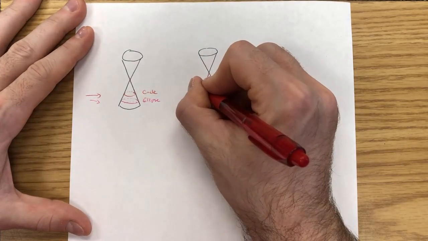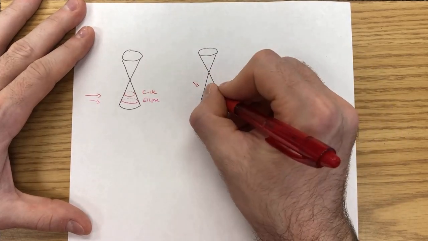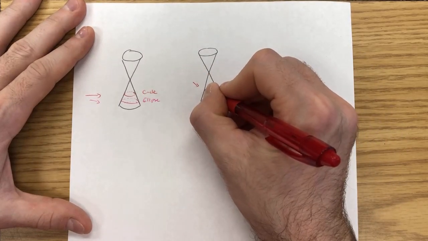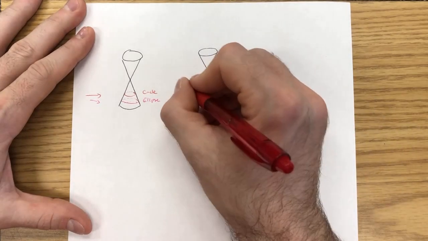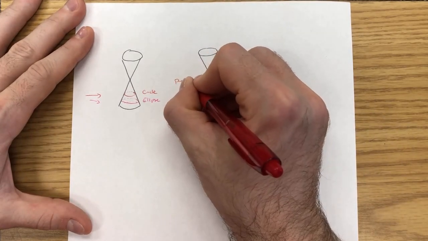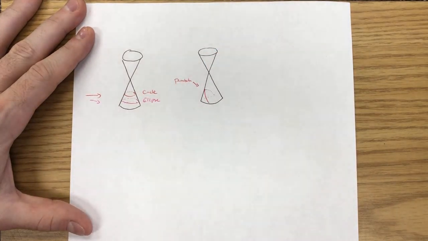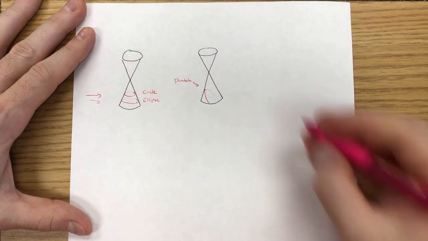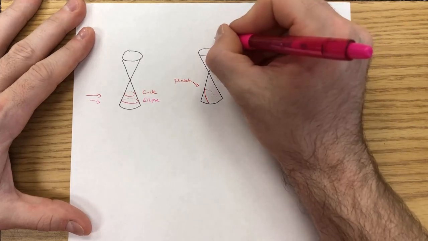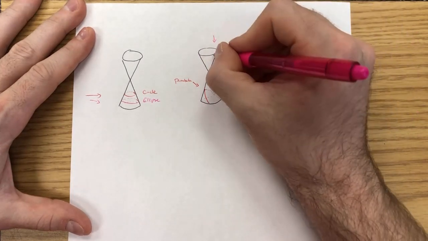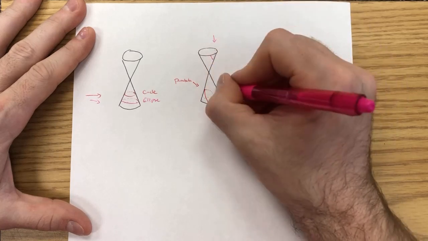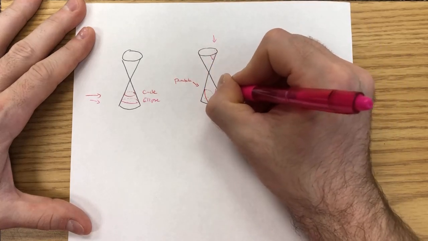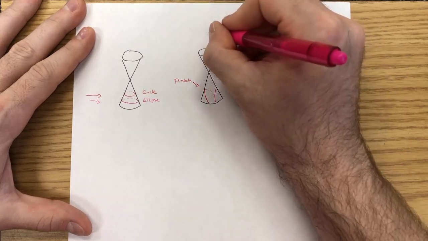If I cut it like this, that's the back end, that's the front end, I end up creating a parabola. And if I cut it very, very extreme, if I cut it from the top and from the bottom, I end up creating what we call a hyperbola.